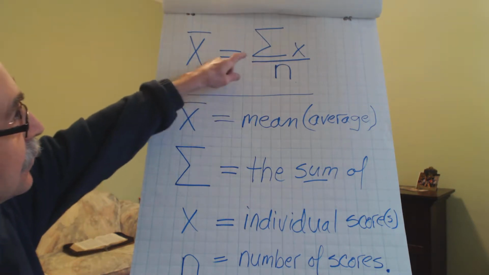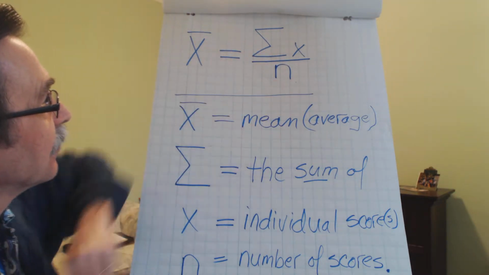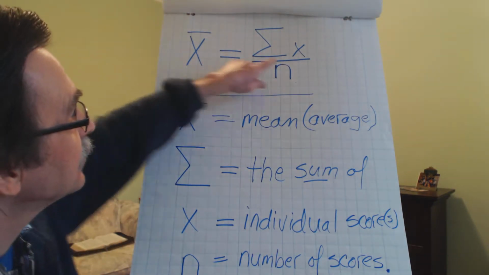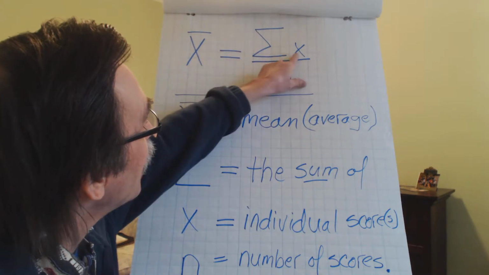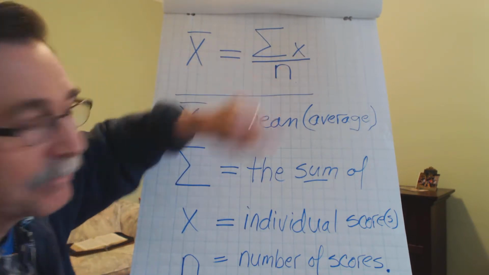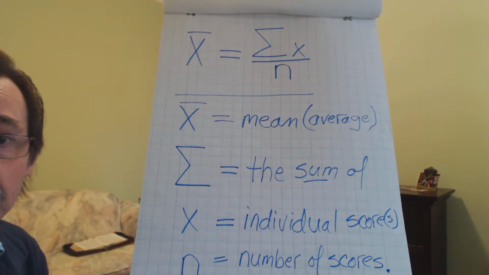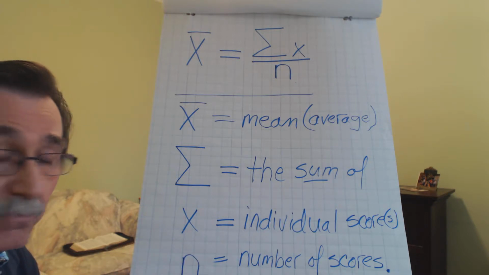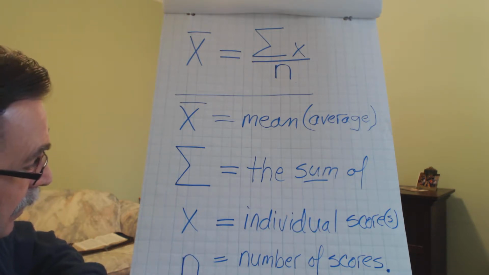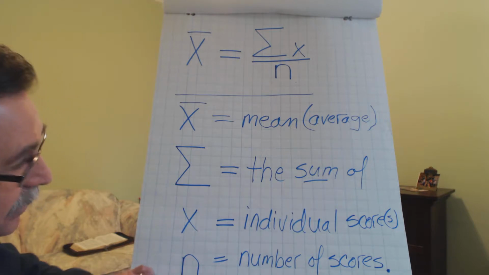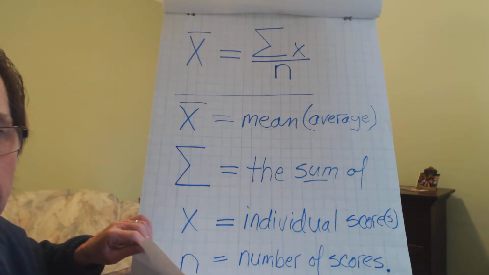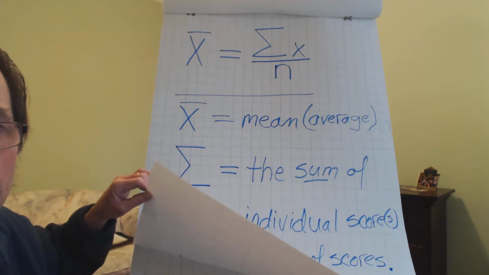X bar is equal to this fancy Greek letter sigma, which means the total of all the scores, divided by the number of scores. So you know that from before. This is just new notation. Okay, so we're going to use that formula. Now, if you don't really like using that formula, that's fine. You don't have to use it.